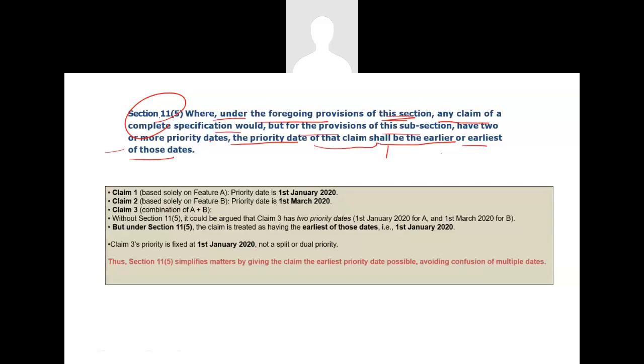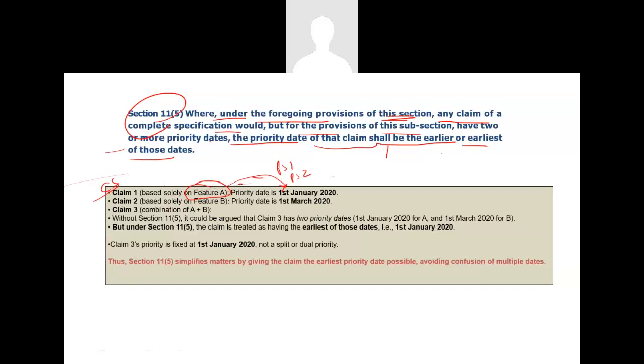For example, let's say claim 1 is based solely on feature 1, it covers only feature 1, and it has a priority date of 1st Jan 2020. Let's say these are the three claims of the complete specification: claim 1, claim 2, claim 3. Before that, provisional specification 1 was filed, provisional specification 2 was filed.